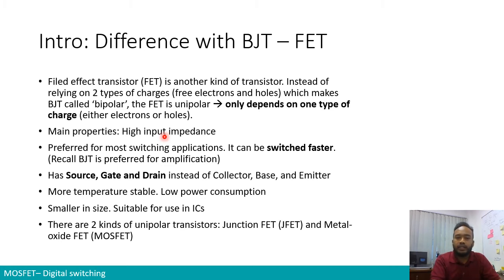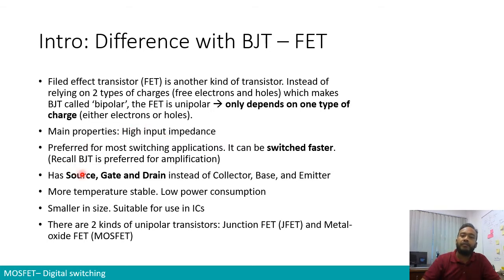Because of the high input impedance, we will see later that the control of this FET is not done by controlling the current, what we call base current in BJT, but by controlling the gate voltage, because basically there will be no current that can get into the gate. The input impedance is very high.